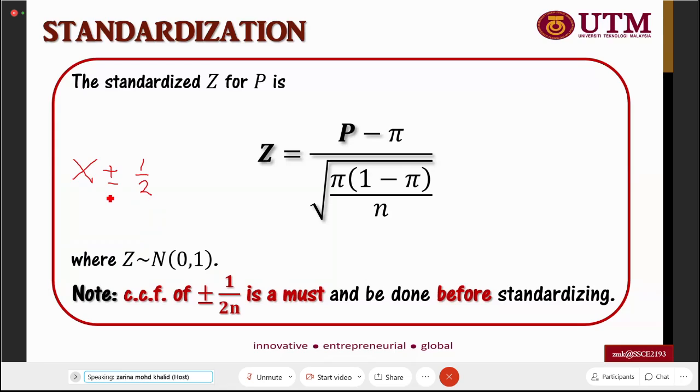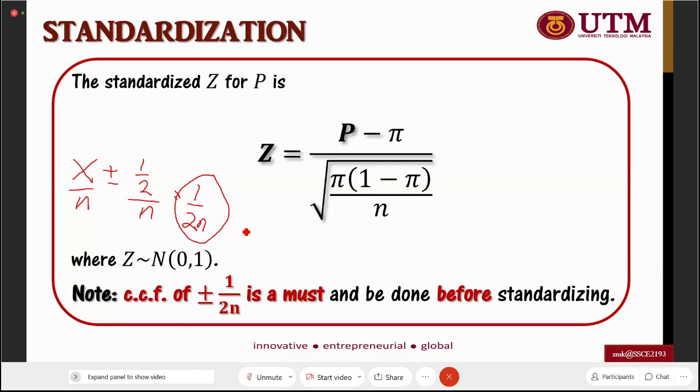But if you divide X by n, then you will have plus or minus 1 over 2 over n, so basically that is 1 over 2n. You need to think about when you are going to plus and when you are going to minus 1 over 2n. You have to do this before standardization.